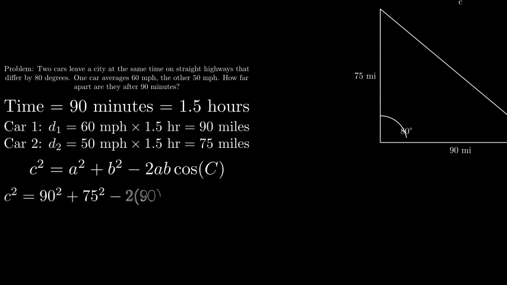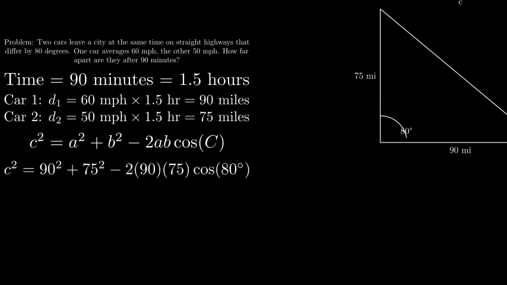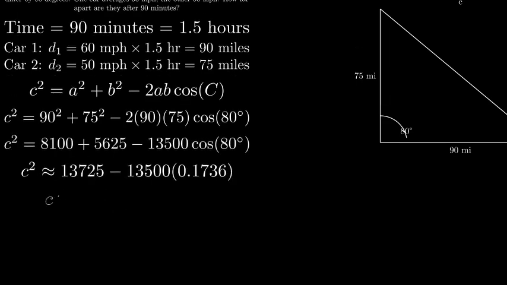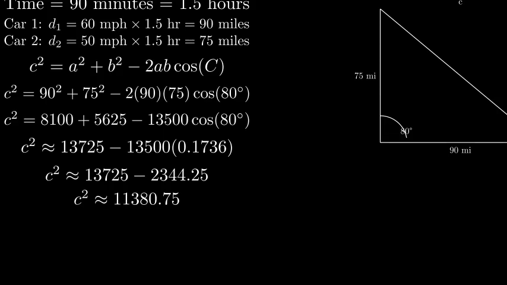Using our formula, c squared equals 90 squared plus 75 squared minus 2 times 90 times 75 times the cosine of 80 degrees. This simplifies to 8,100 plus 5,625, which is 13,725, minus 13,500 times the cosine of 80 degrees.